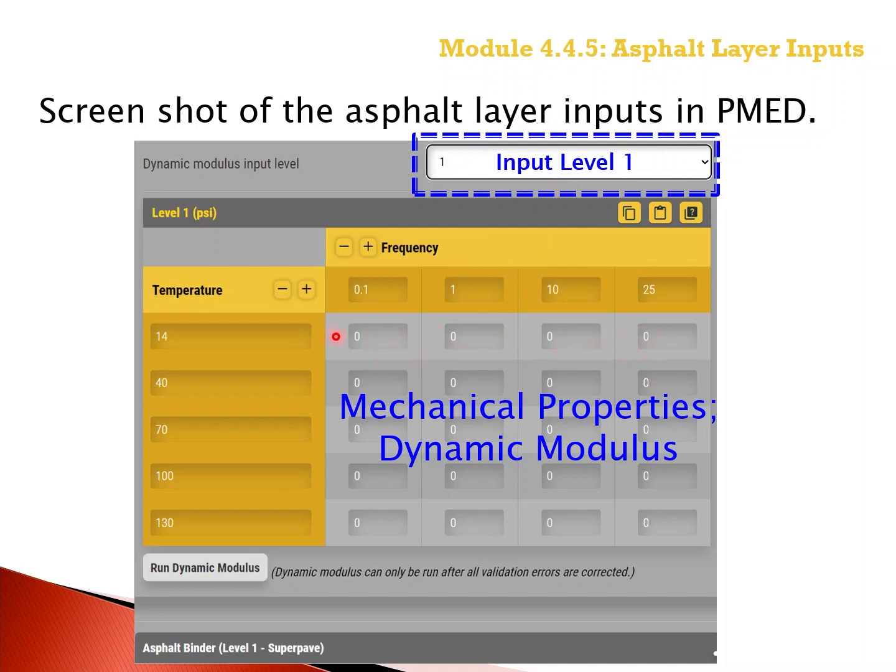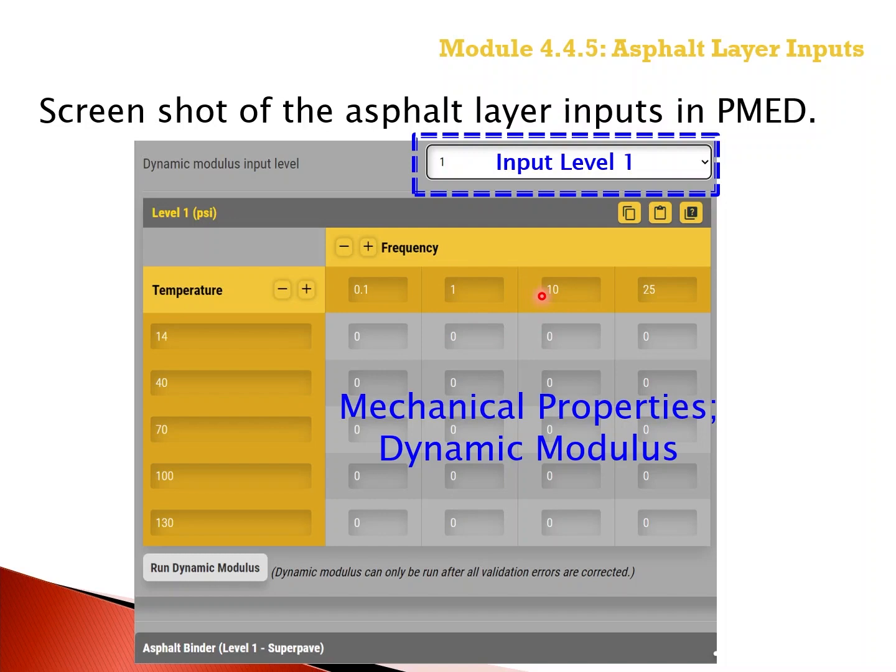This screenshot shows basically blank fields in the dynamic modulus, but these would be measured values in the laboratory in accordance with AASHTO T 378 at test temperatures of 14, 40, 70, 100, and 130 degrees Fahrenheit, and at frequencies of a minimum of 0.1, 1, 10, and 25 hertz. 0.5 and/or 5 hertz can also be used.